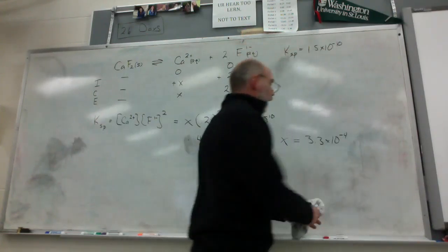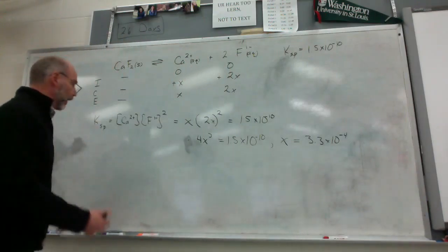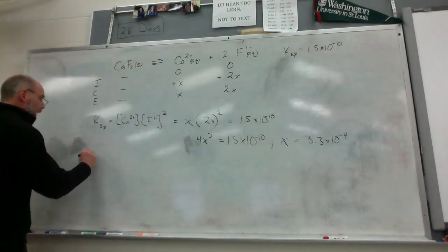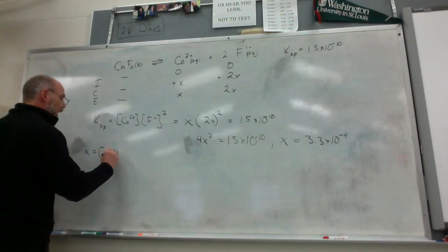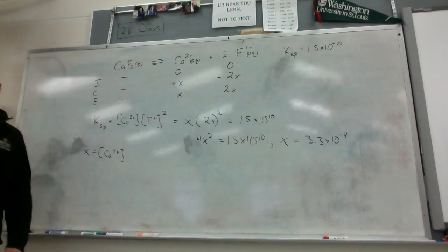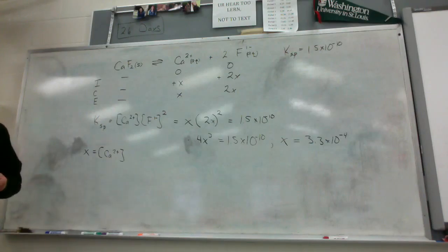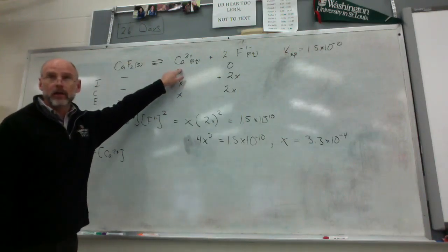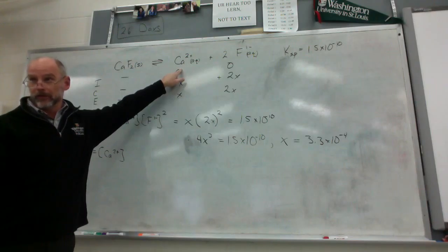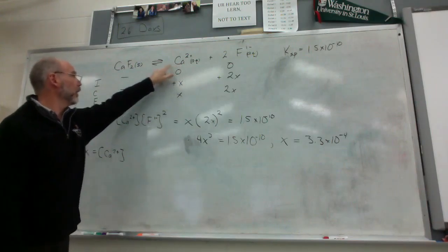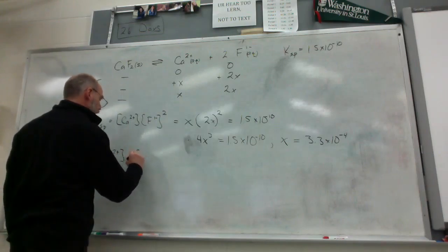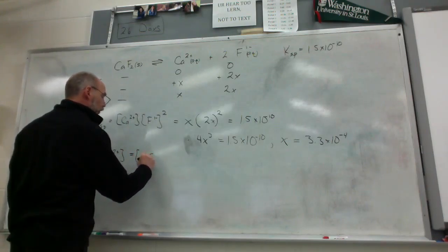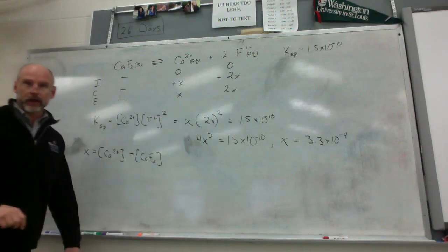Anyway, so there we go. X is that. Now, what is X? Well, here's the key. X is equivalent to the calcium ion concentration. Would you agree? However, since it's a 1-to-1 stoichiometry, this is important, this is also equivalent to the calcium fluoride concentration.